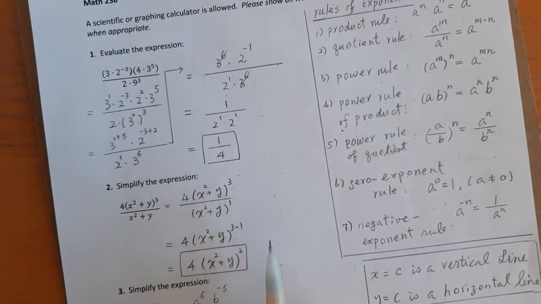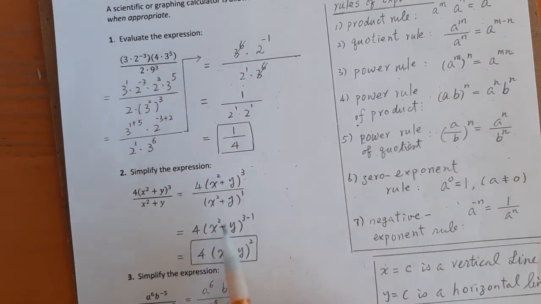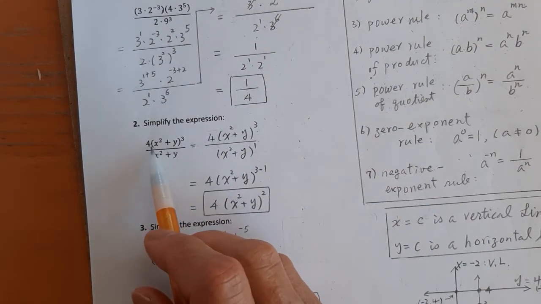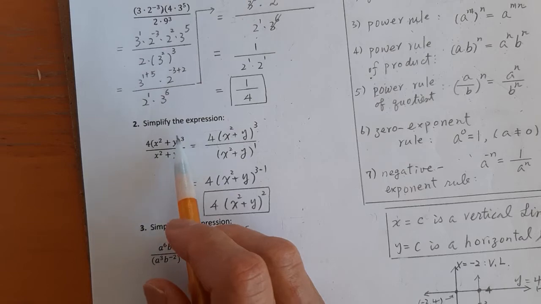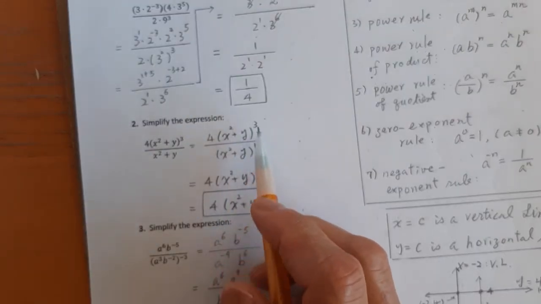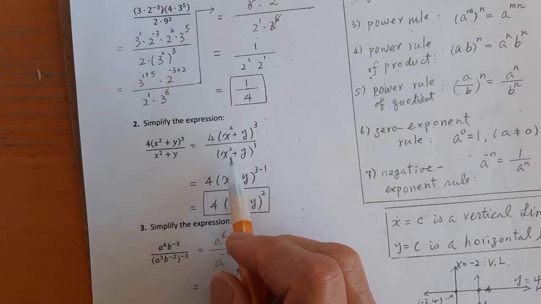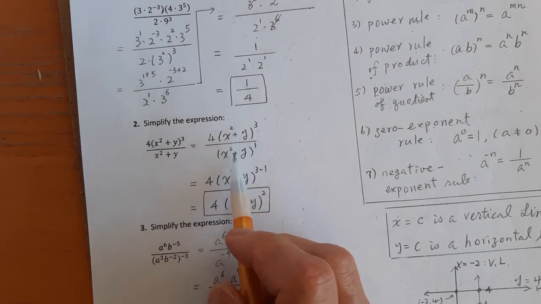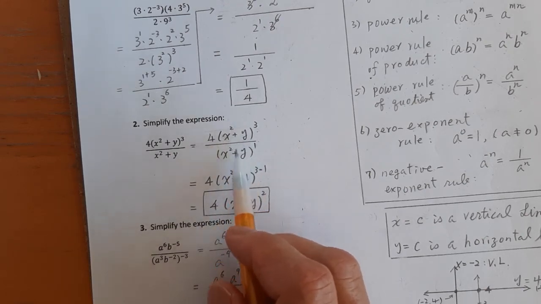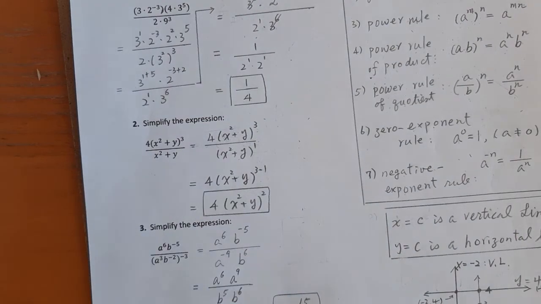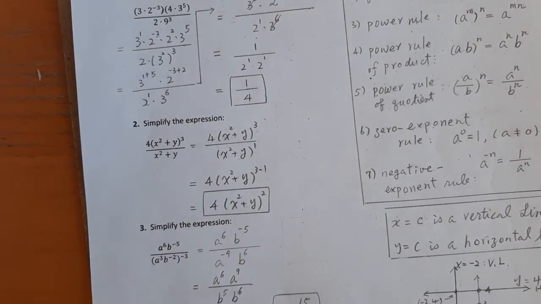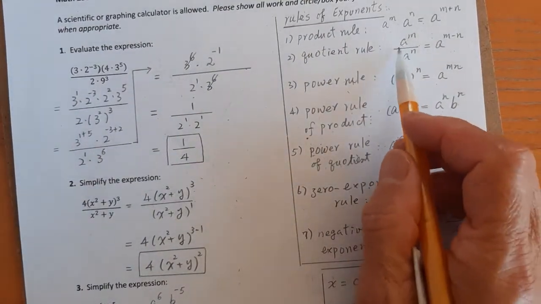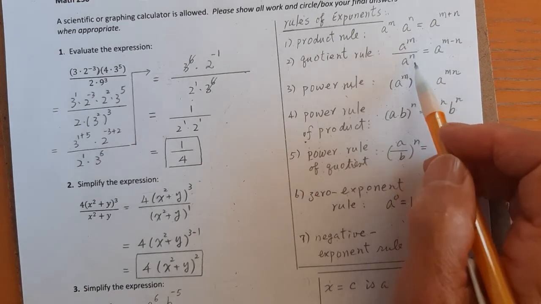That's the first question. Second question, simplify the expression. We have 4 times quantity x squared plus y to the power 3, over the denominator, x squared plus y, also quantity to the power 1. Since the two have the same base, x squared plus y, and they are divided, use the quotient rule: same base a, subtract the exponents, m minus n.